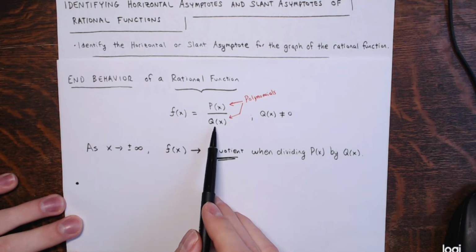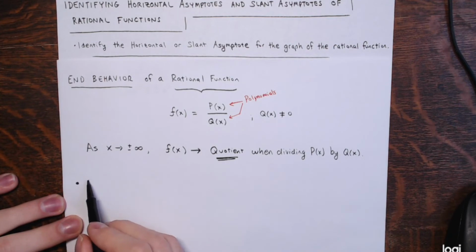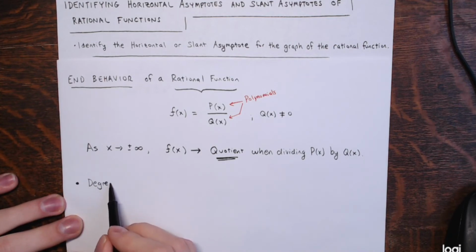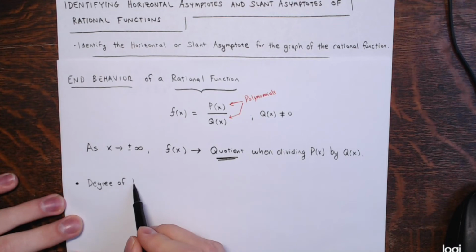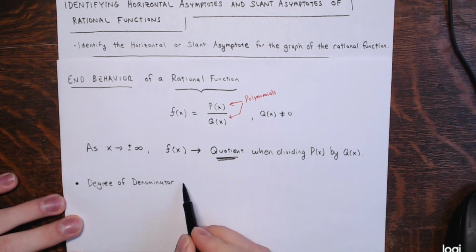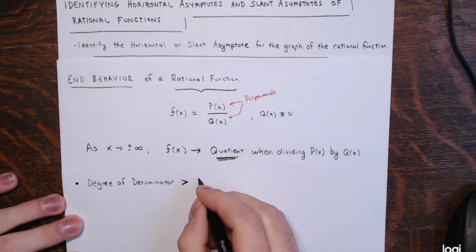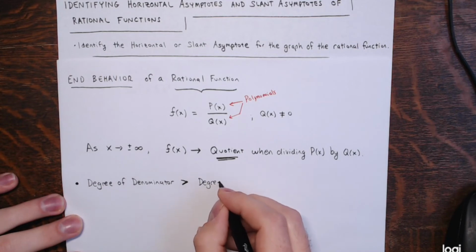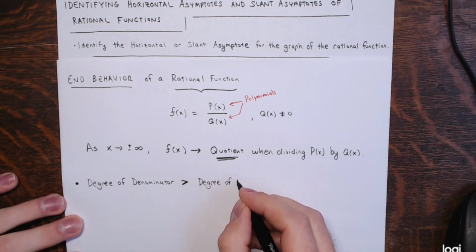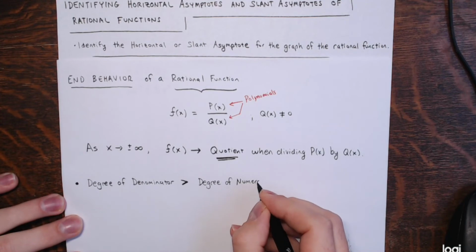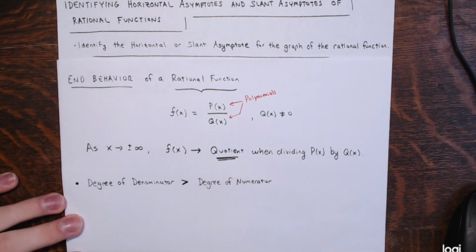If the degree of the denominator is greater than the degree of the numerator, then you don't have an improper fraction, so you can't really perform division.